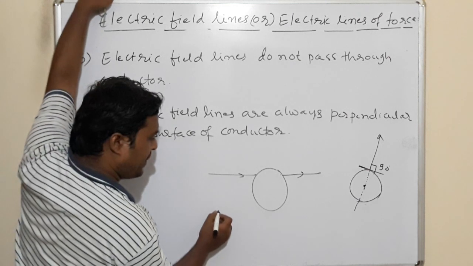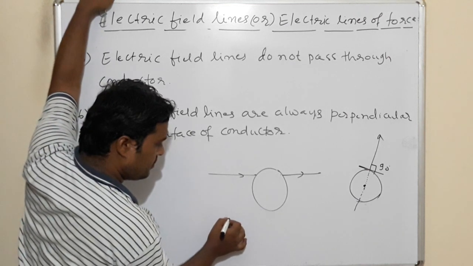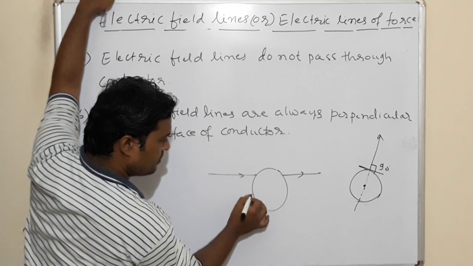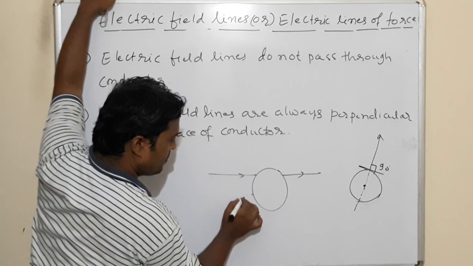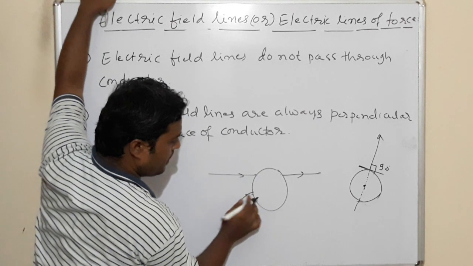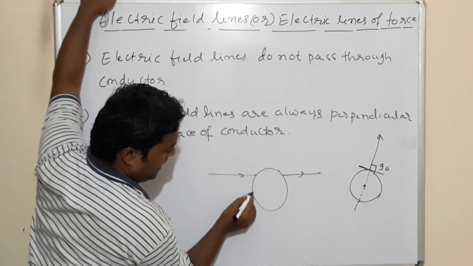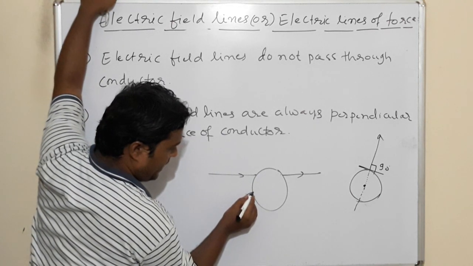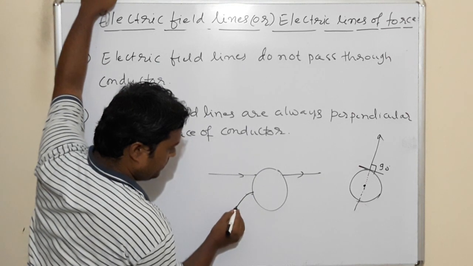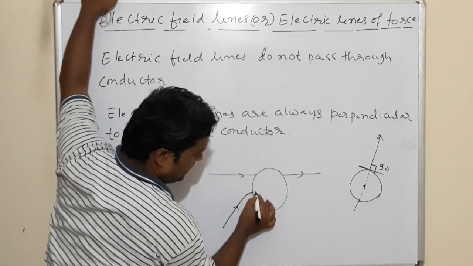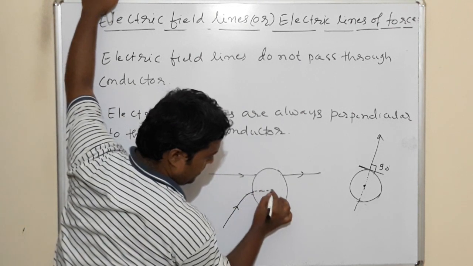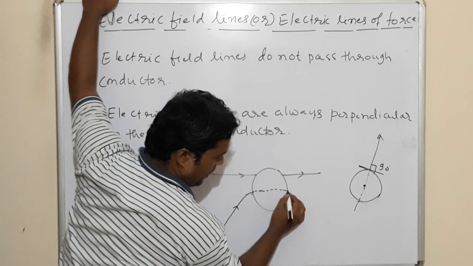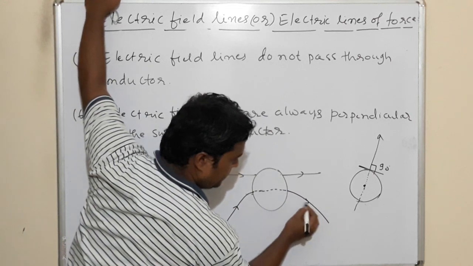Whether this line is perpendicular: if it is drawn like this, then it will go like this. Imagine that it is passing like this, then while going out, it will go like this.